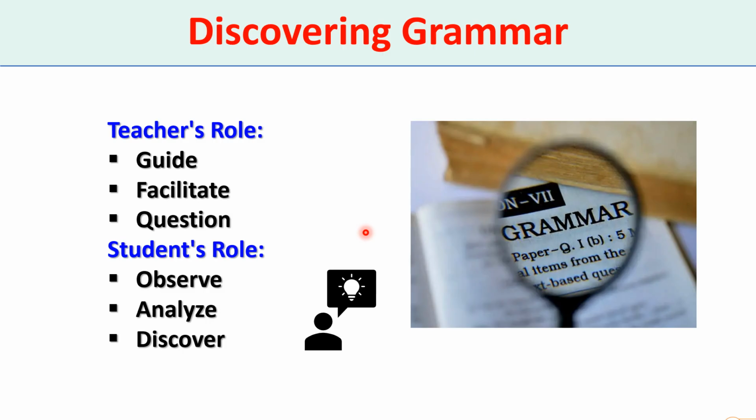And the last is questioner. Questioner means that the teacher only asks questions to the students and helps the students understand better. After the teacher gives the topic to the students, the teacher just asks questions to the students.